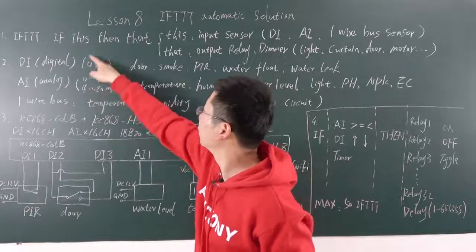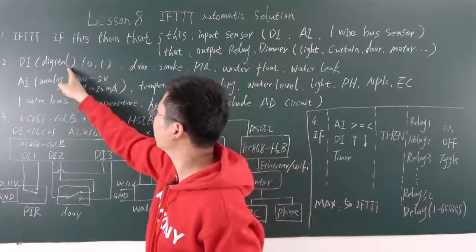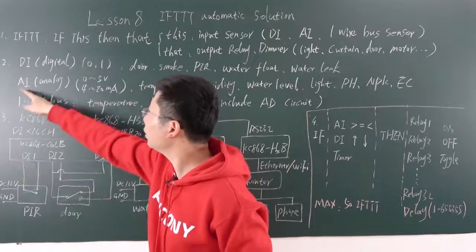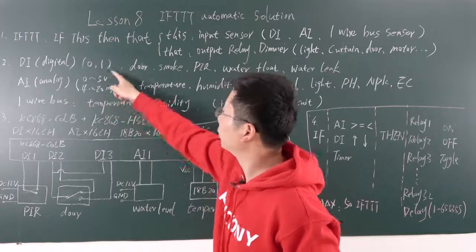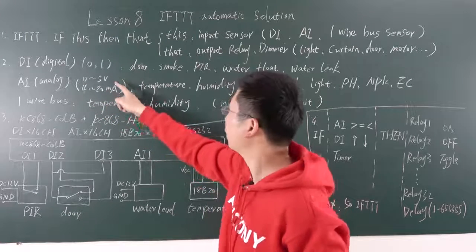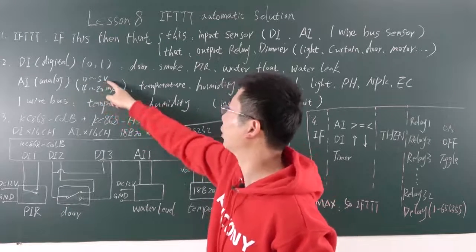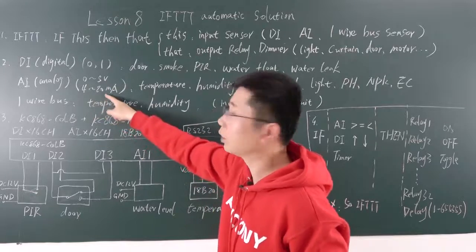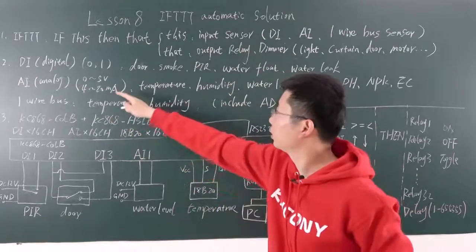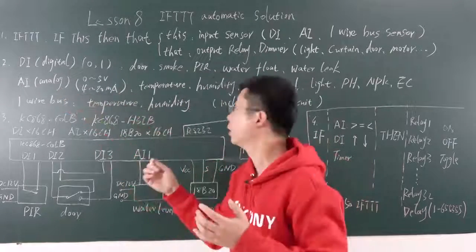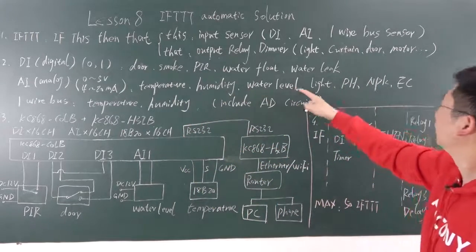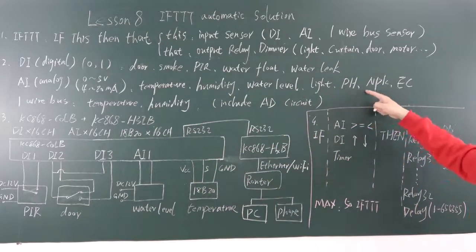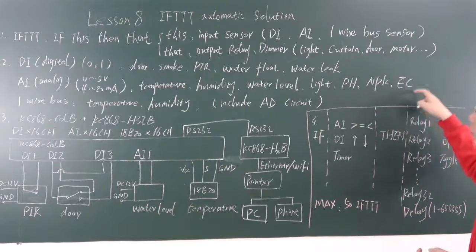These two states are the digital input, and this is the analog input sensor. The value is usually used in industry, like 0 to 5 volts or 4 to 20 milliamperes. These sensors have a value, like temperature, humidity, water level, light, pH, and NPK and EC for soil.